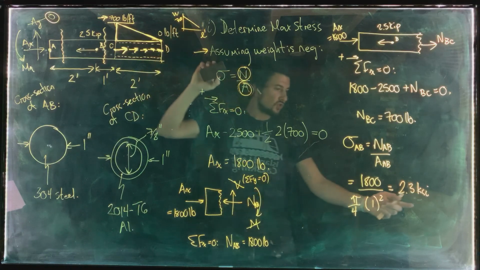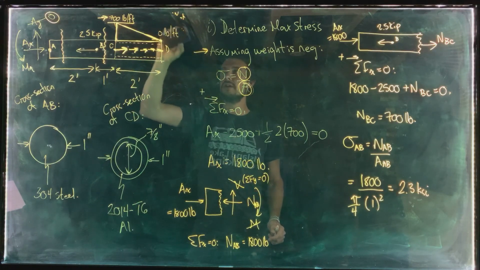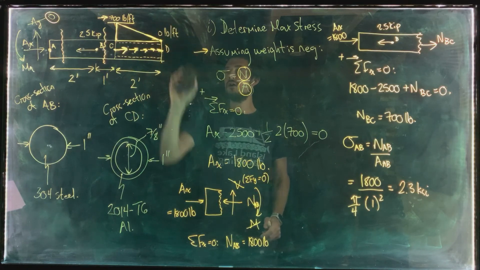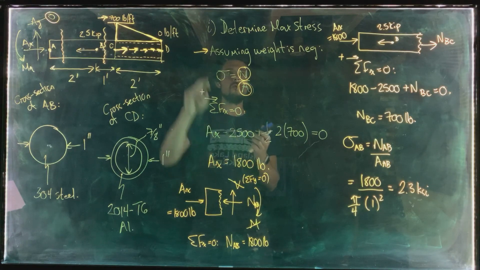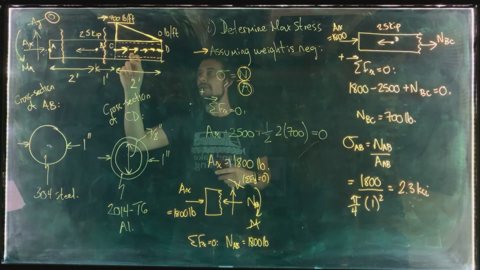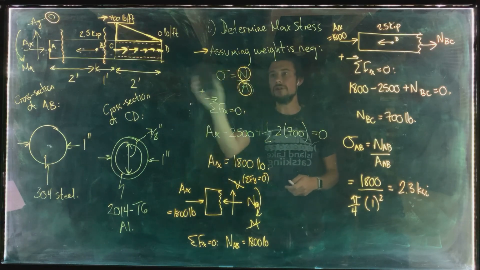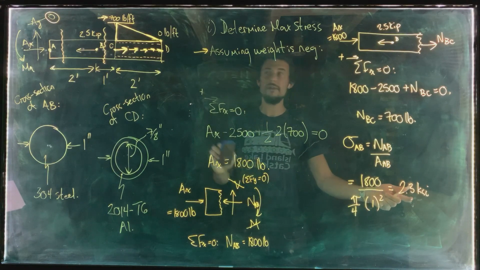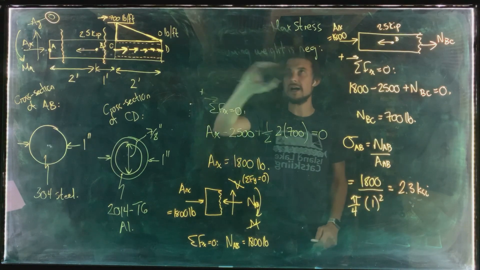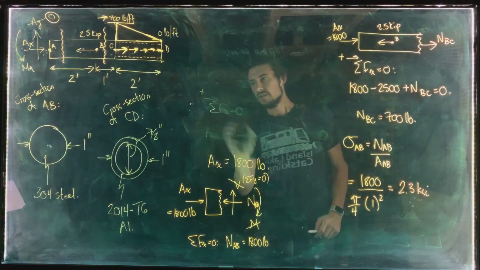So we've got the stress, we've got the maximum stress in the solid portion now, but we wanted overall what was the maximum stress in the object, right? So we need to know what the maximum stress is in the tube portion of the object as well, and compare that to our 2.3 KSI to actually answer the question.